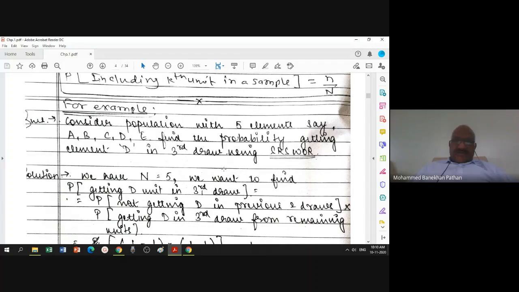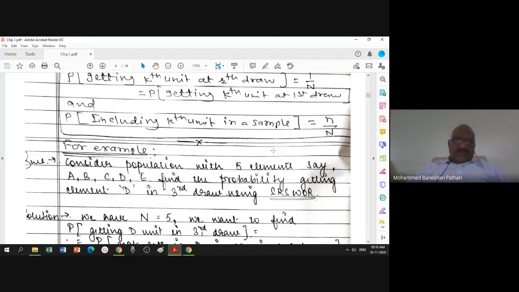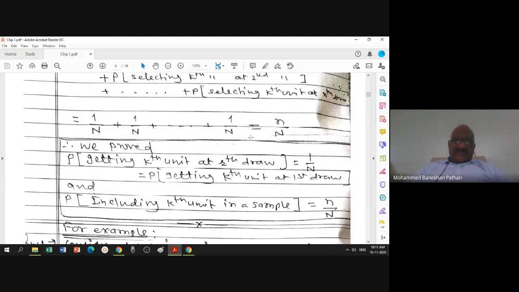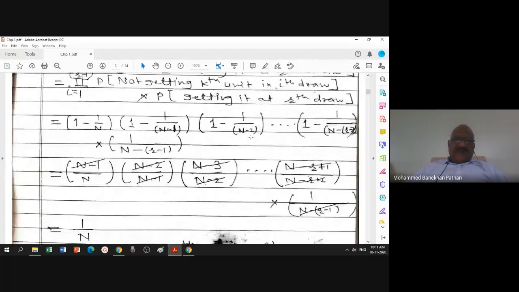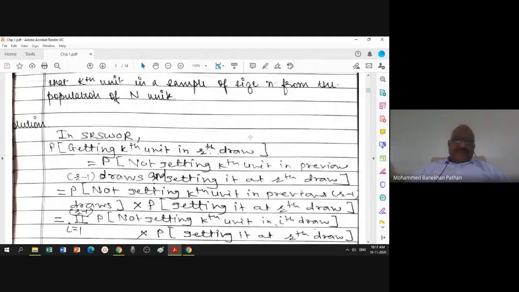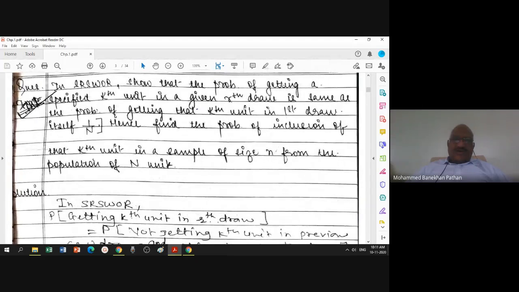Yesterday we saw the introduction to your first chapter under the heading of sampling. We proved an important result related to SRS, that is simple random sampling. That result says the chance of selecting any specified unit at any specified draw is equal to the chance of selecting that unit at the first draw.